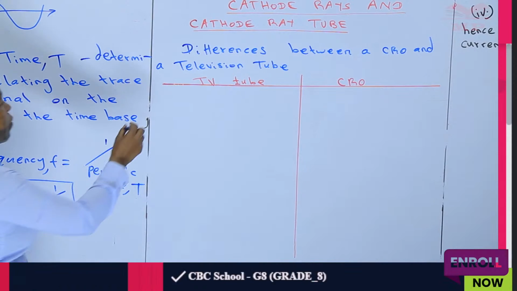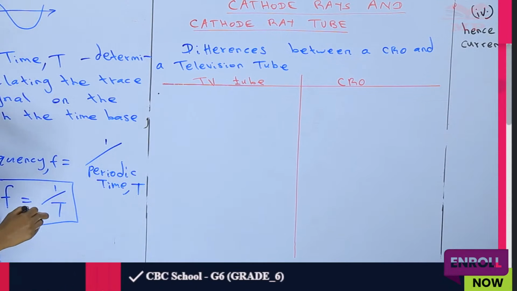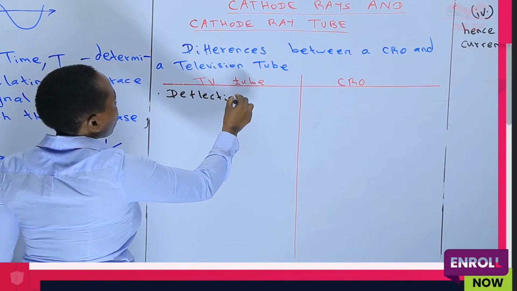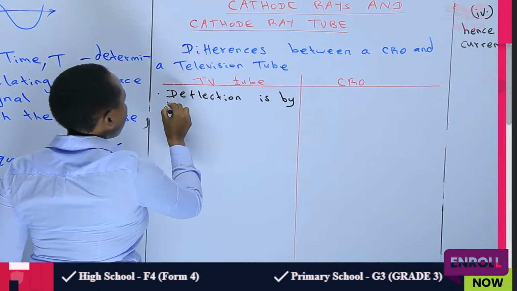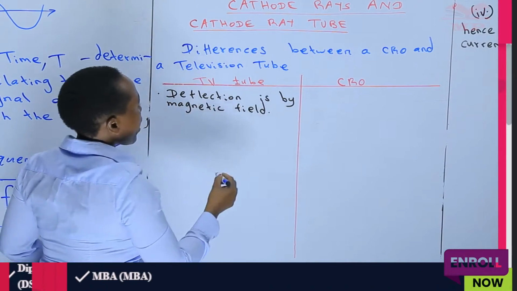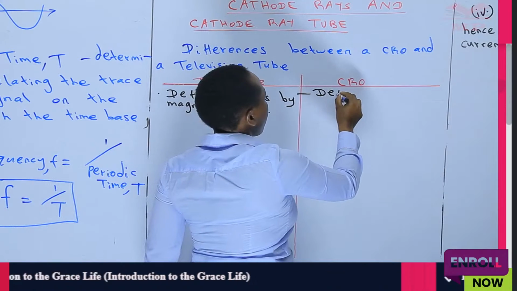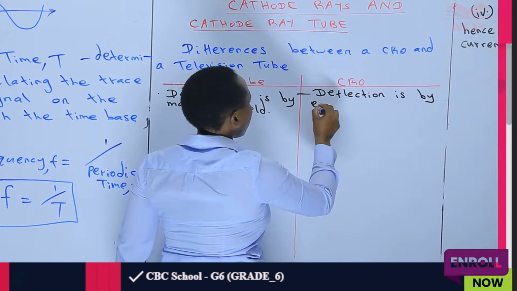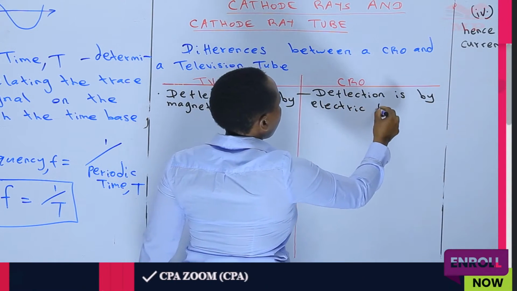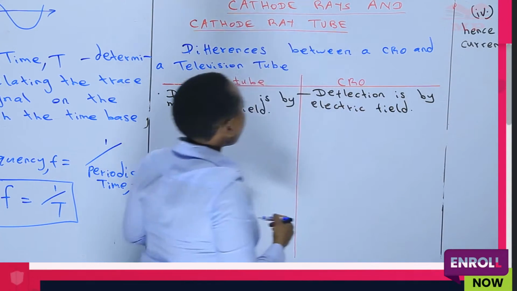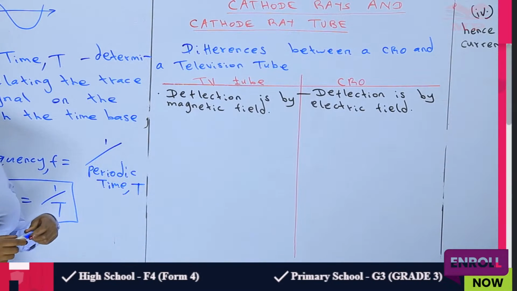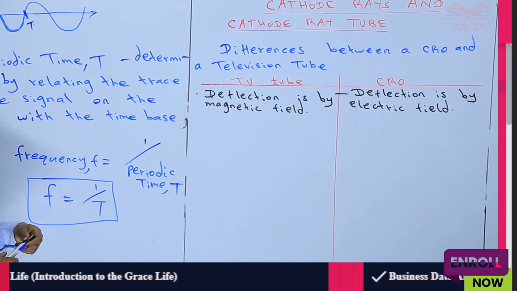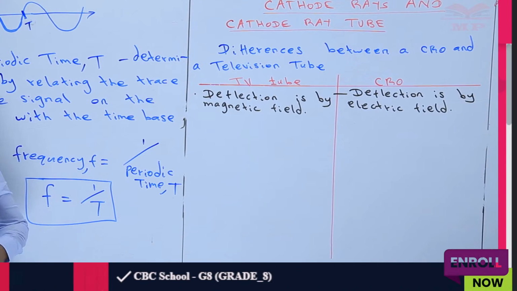So one of the differences: for a television tube, the deflection is by magnetic field, whereas in a CRO, the deflection is by electric field. So you need to know that in a TV tube, the deflection is by the magnetic field, whereas in a CRO, it's by the electric field.